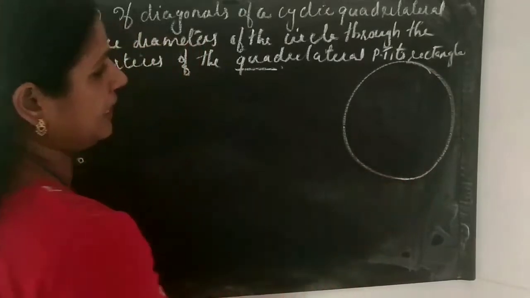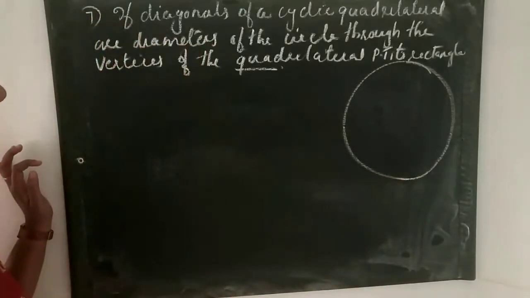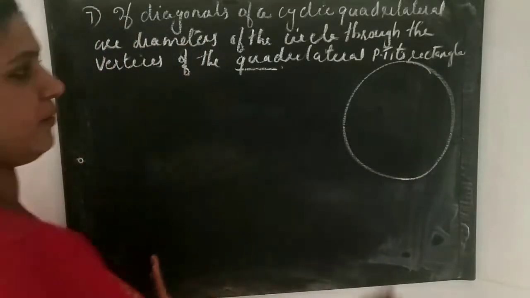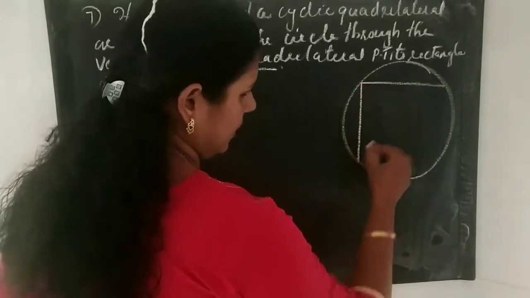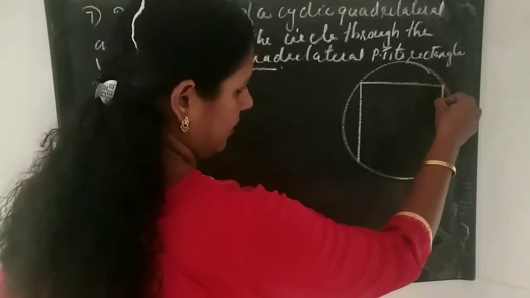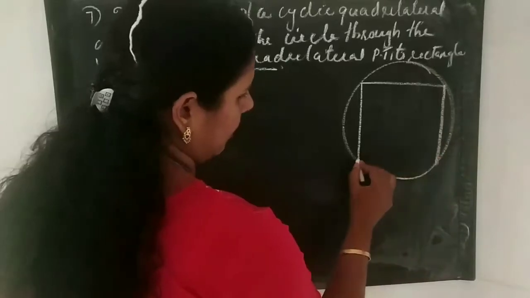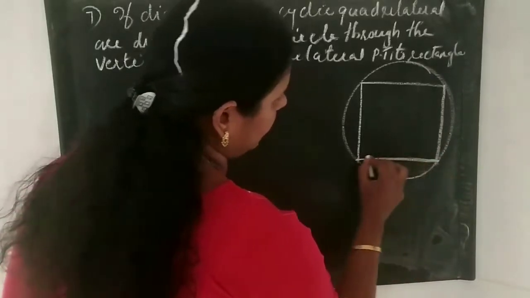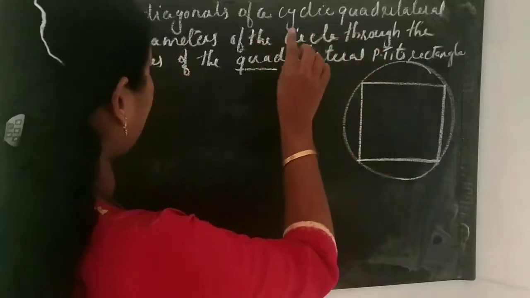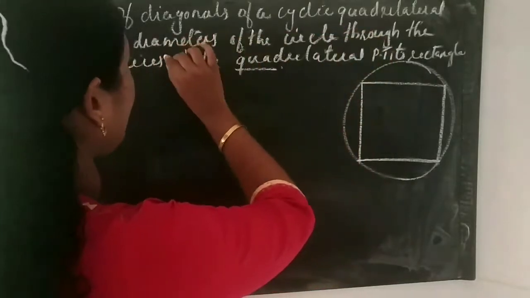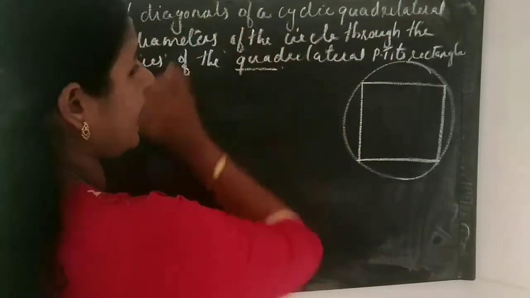The condition is the diagonals of a cyclic quadrilateral are the diameters of the circle. So here we drew a cyclic quadrilateral and the diameters of the circle, that is its diagonals.